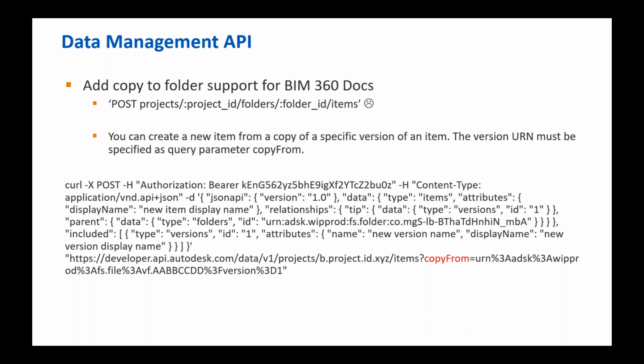But you have a new query parameter, copyFrom, marked in red, where you would specify which resource version you want to copy from. And that would be enough to tell the system that instead of uploading a physical file from your computer, for example, you would simply copy an existing resource from a BIM 360 Docs project to another, or from a folder to another.